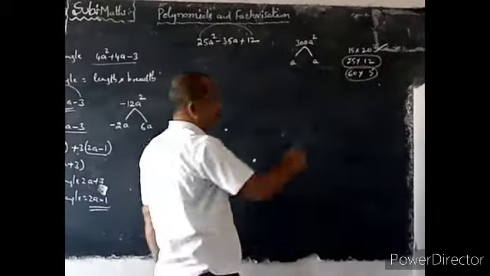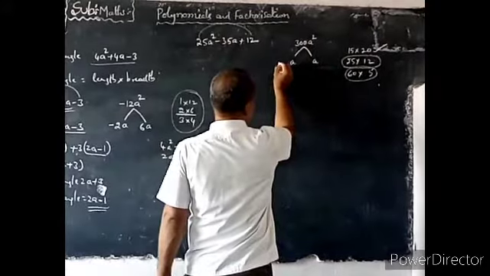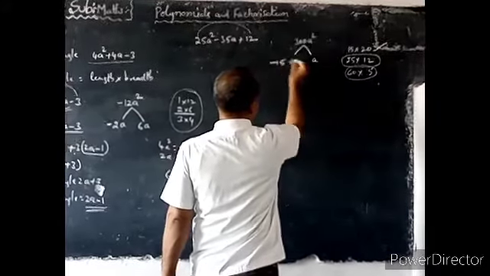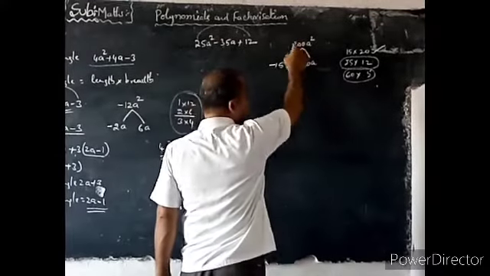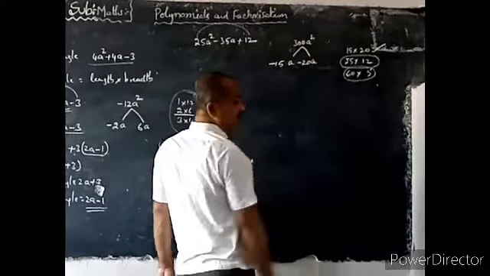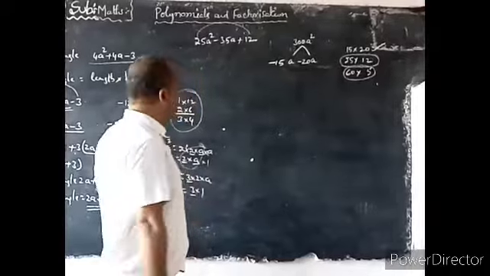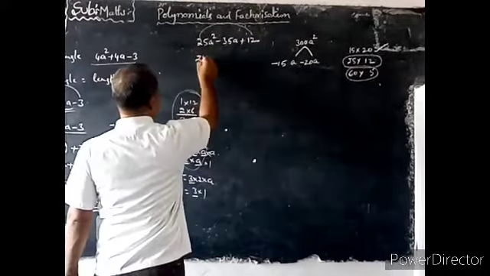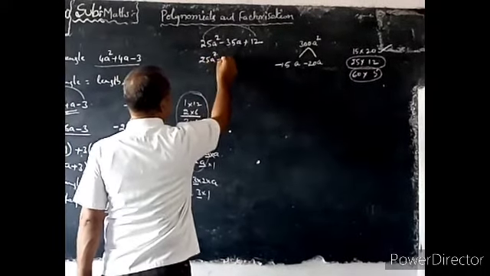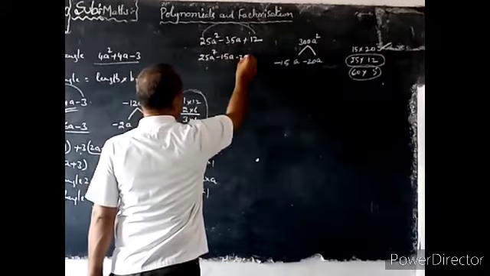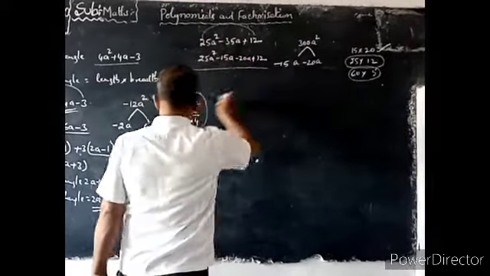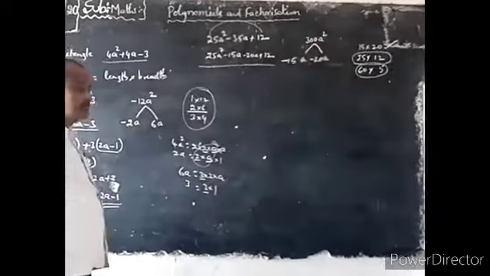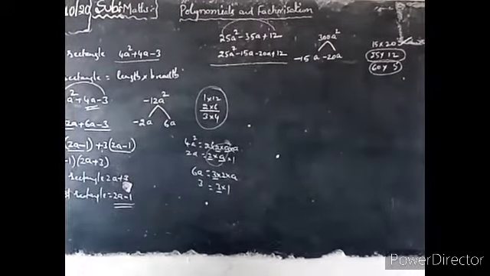How to take now? Both are taken as minus: minus 15, minus 20. Minus into minus is plus, 15 into 20, 300a square. Now this will be written as 25a square minus 15a minus 20a plus 12 and proceed the same as the previous one.